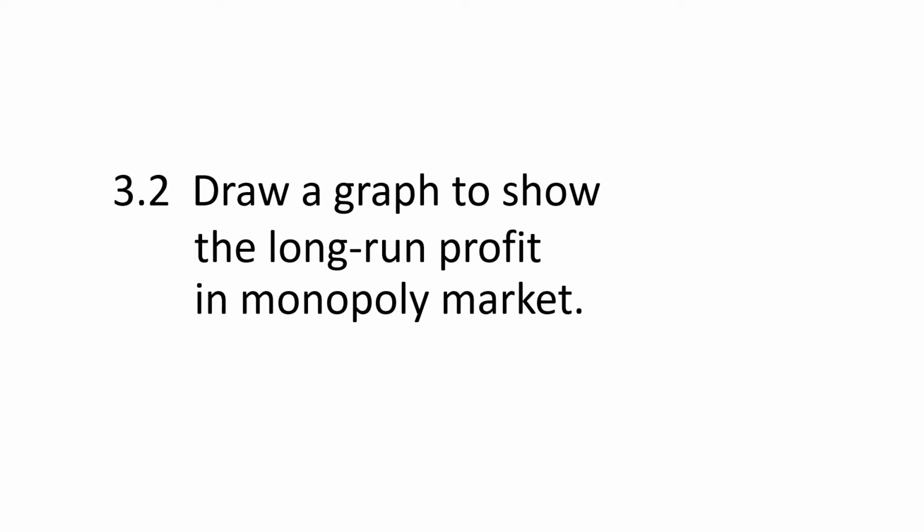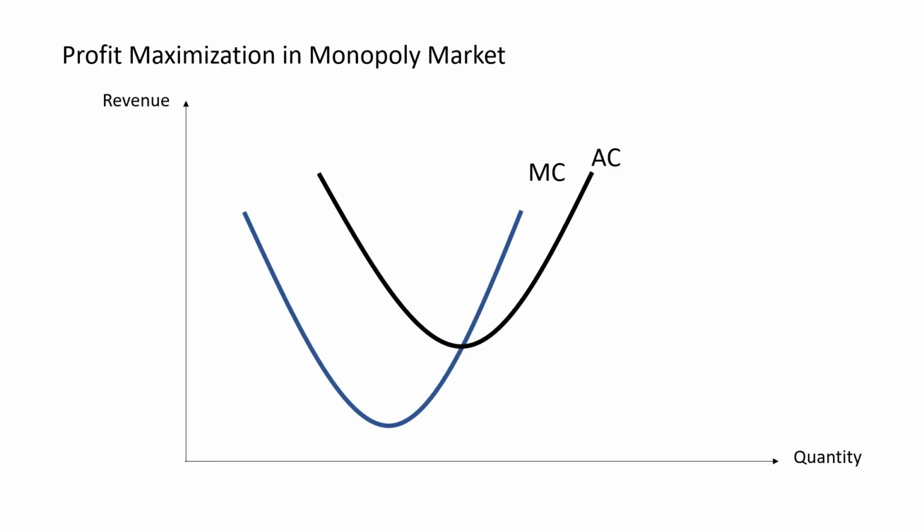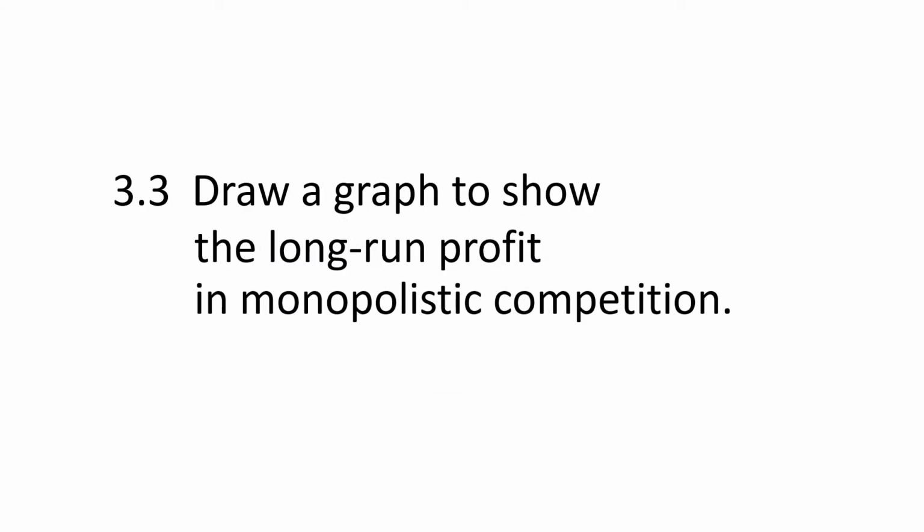3.2. Draw a graph to show the long run profit in monopoly market. Now we turn to monopoly market. You begin with the graph with also MC and AC and draw the profit here with MR and AR, and you find the profit. You will see that it is different from perfect competition in the long run. Now we turn to monopolistic competition.